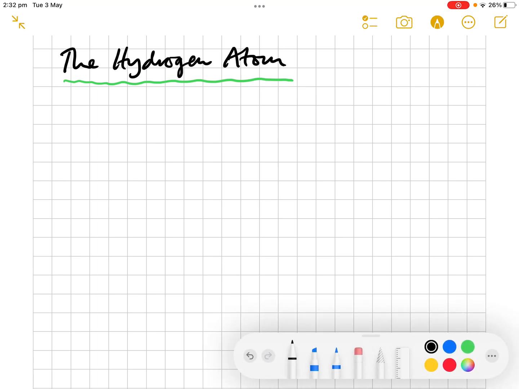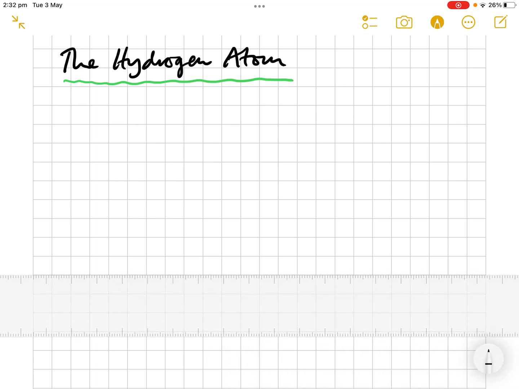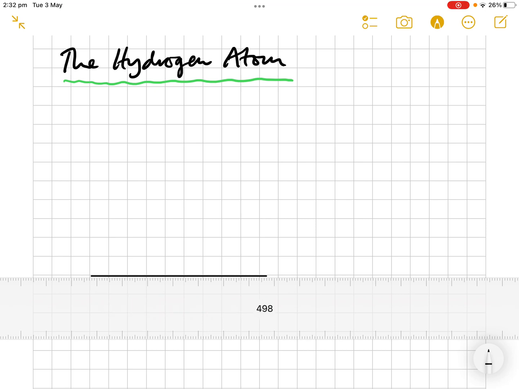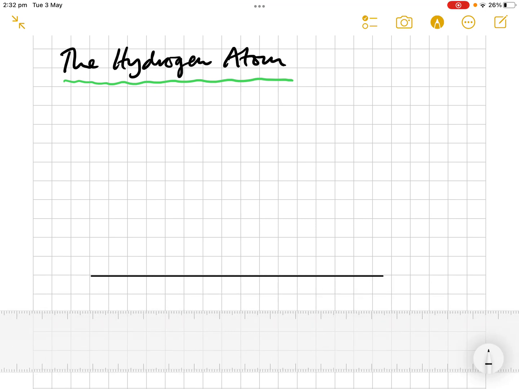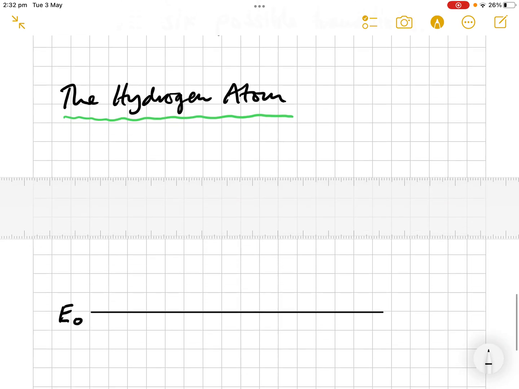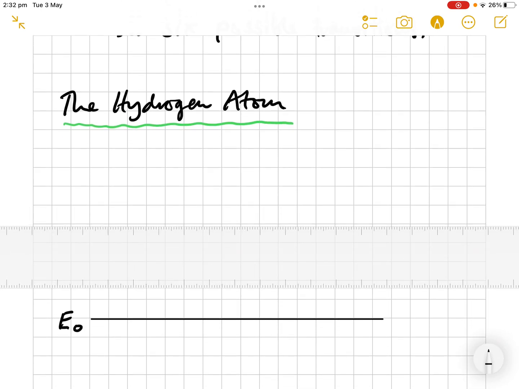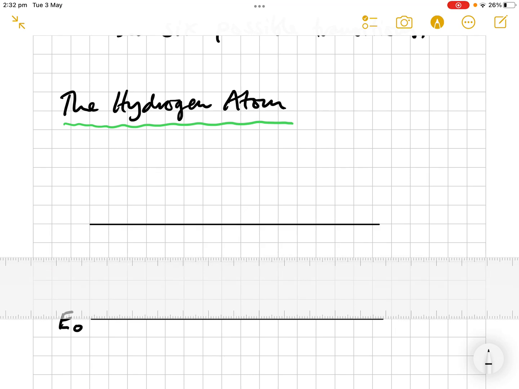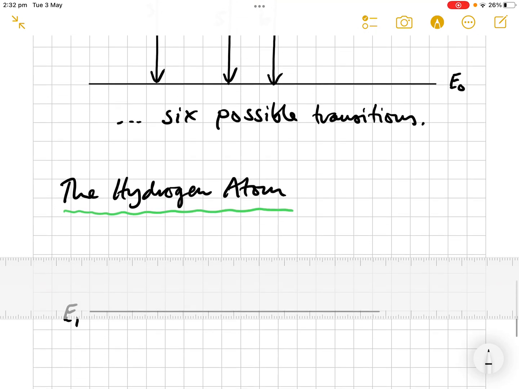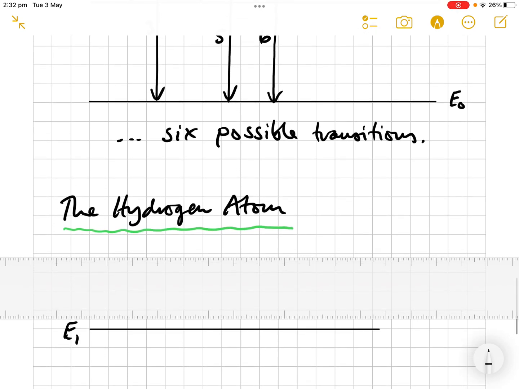So let's imagine that we've got our ground state here. So that's E0, and maybe we've got E1 there. Now I'm going to miss out all the other ones, right?